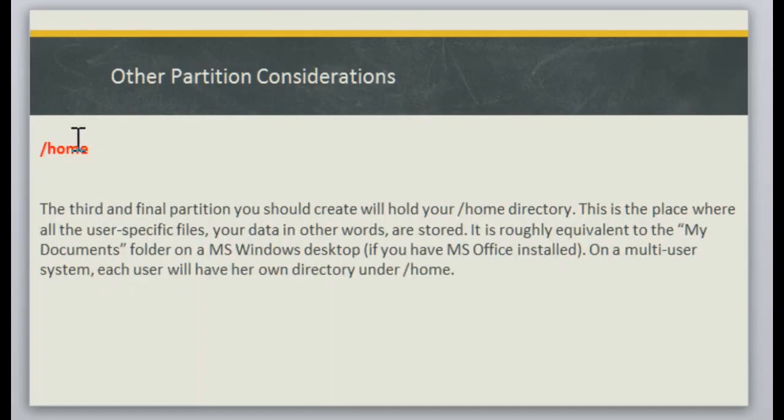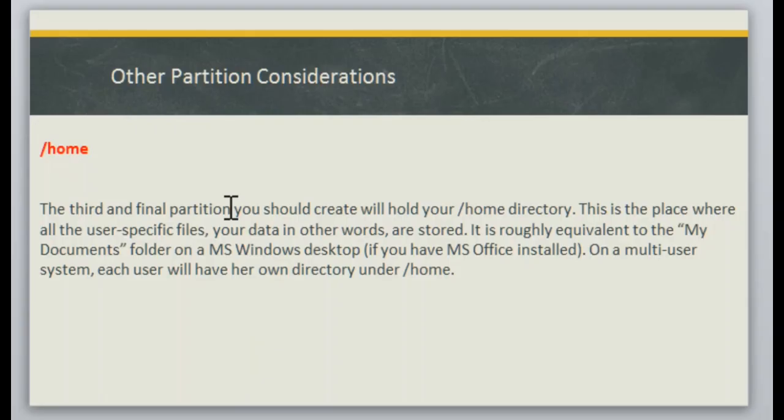Another one is going to be /home. Make sure you're writing these down, guys, because these are important ones to know. So you have /root, /home, which we're going to talk about now. We had /swap. So /home is the third and final partition you should create, which will hold your home directory. Okay. In our last course, we saw that was /home/kdowns. For you, it would have been different depending on your username.